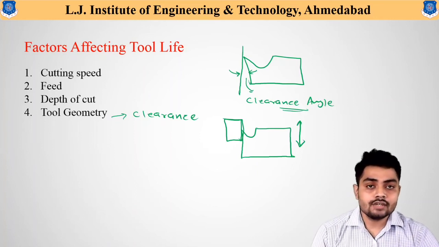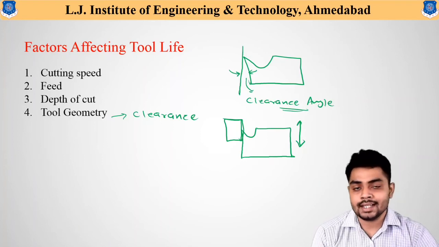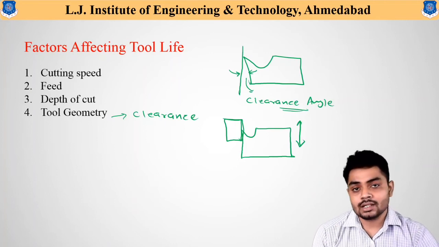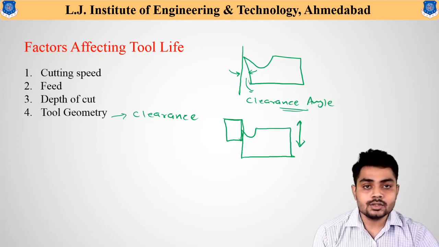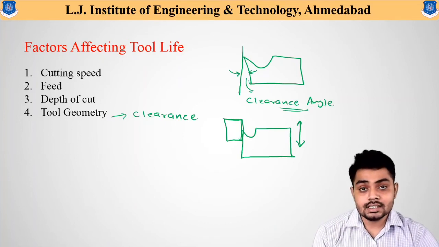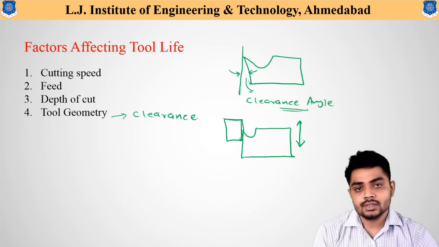So there is only a frictional force between the workpiece and the tool, and no material removal takes place. So the clearance angle is important for removal of material from the workpiece, and it helps to reduce the friction between the tool and the workpiece. This is also the importance of clearance angle with respect to tool life.